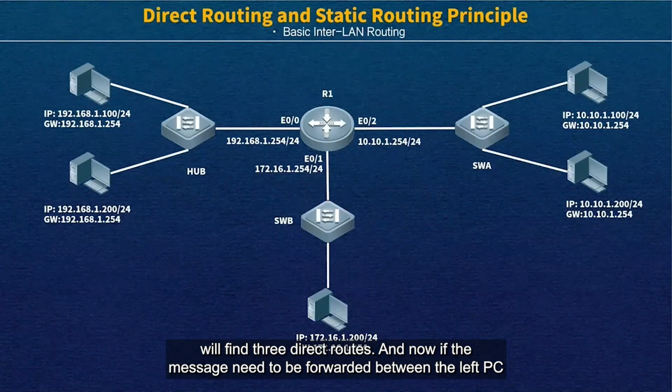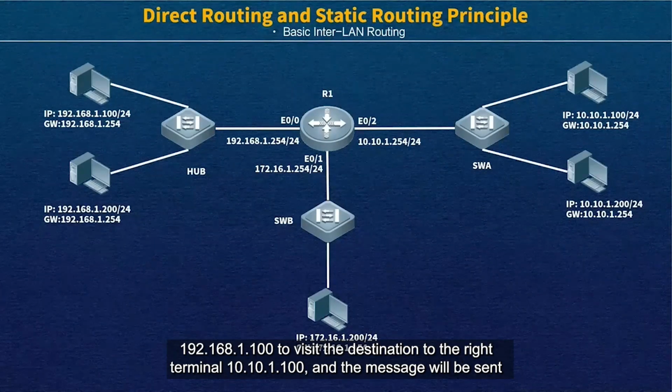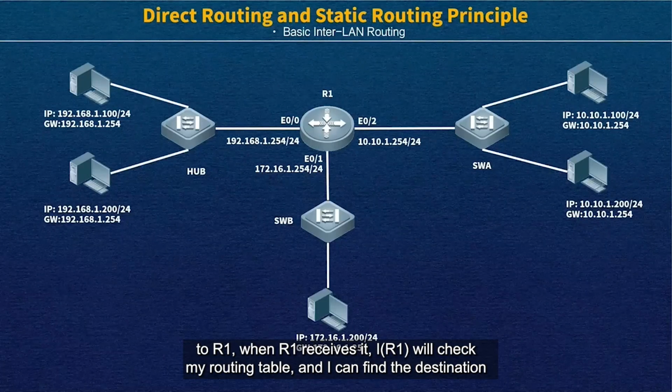And now if a message should be forwarded from the left PC, 192.168.1.100, with the destination being the right terminal, 10.10.1.100, the message will be sent to Route 1.